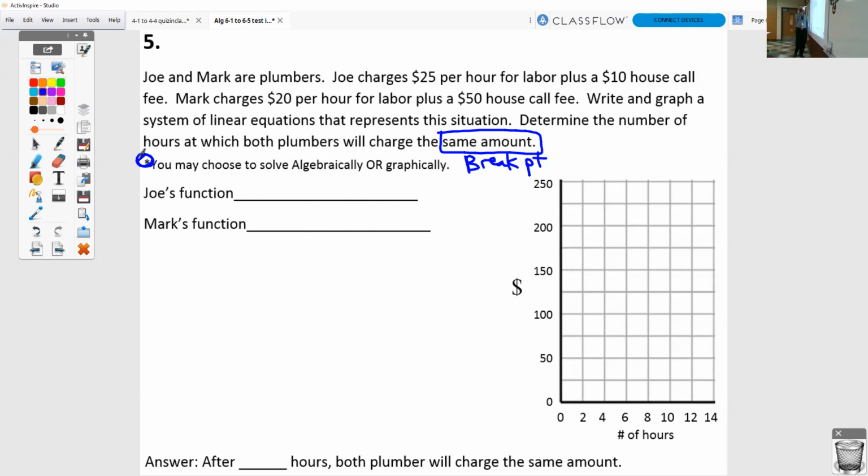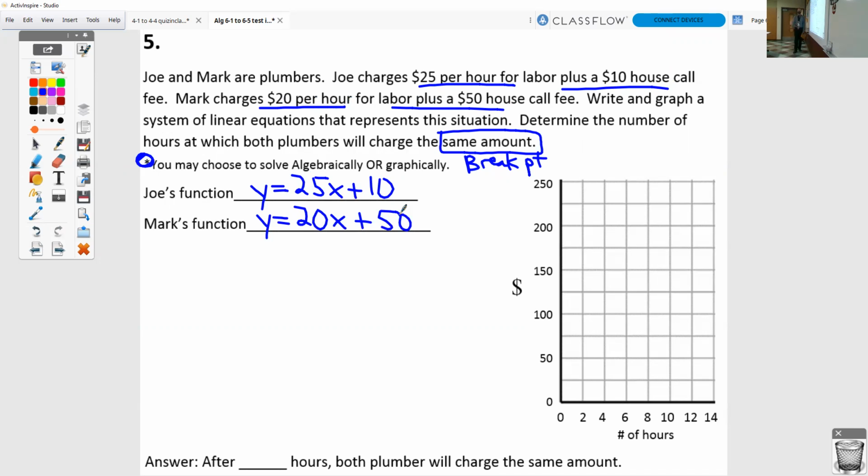Joe charges $25 an hour plus $10 fee. So Joe is y equals 25x, $25 times the number of hours, plus a $10 fee. Mark charges $20 an hour plus a $50 fee. 20 times x plus 50.